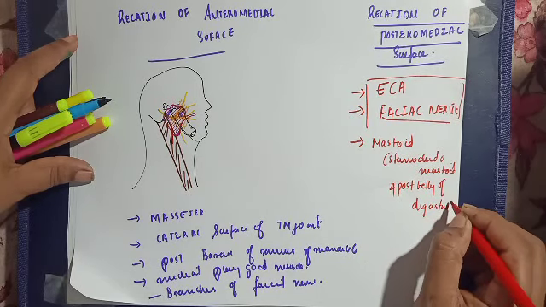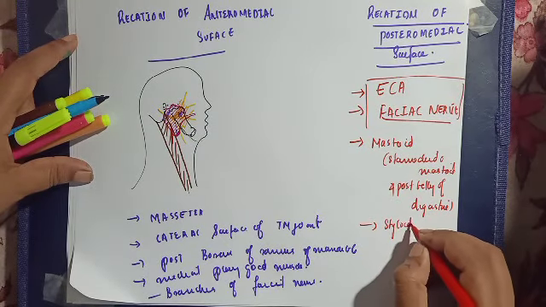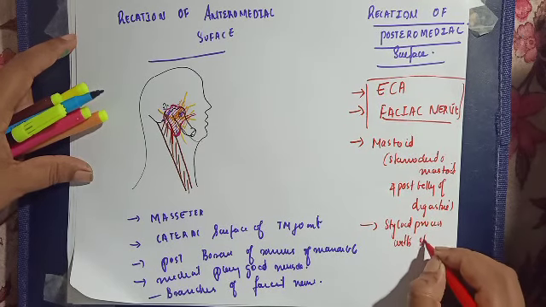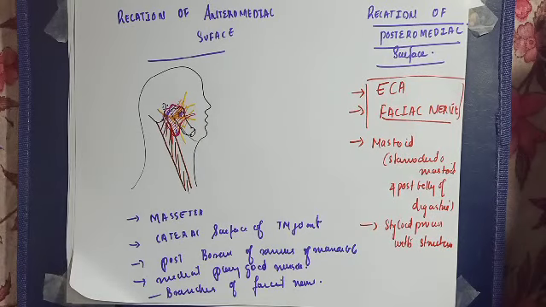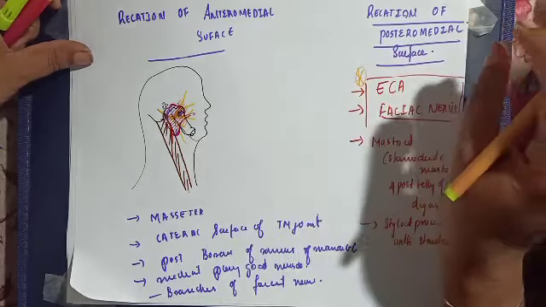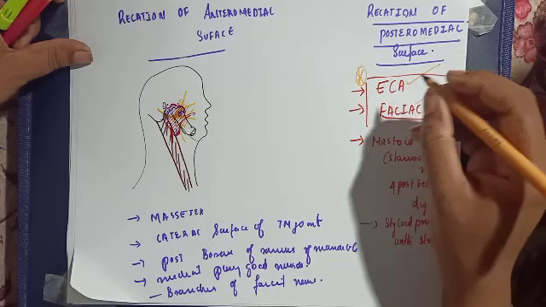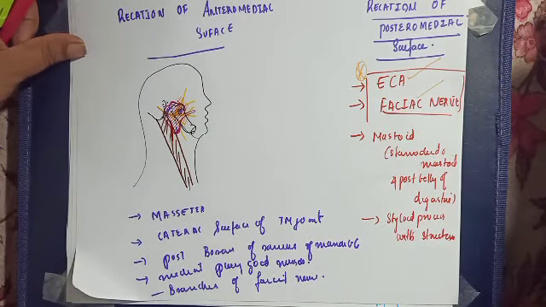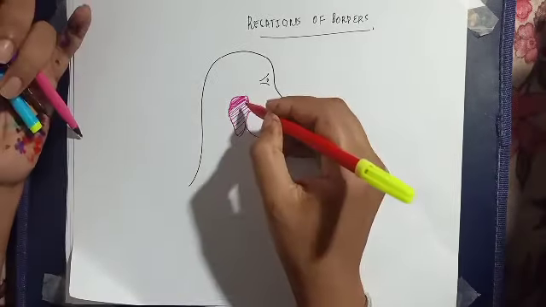Also the styloid process is related here, along with the structures associated with it. Now the important point is that the two important structures which are passing into the gland from the posteromedial surface are the external carotid artery and the facial nerve. It is very important. Now you will go into the relations of the borders. So first we will see the anterior border.